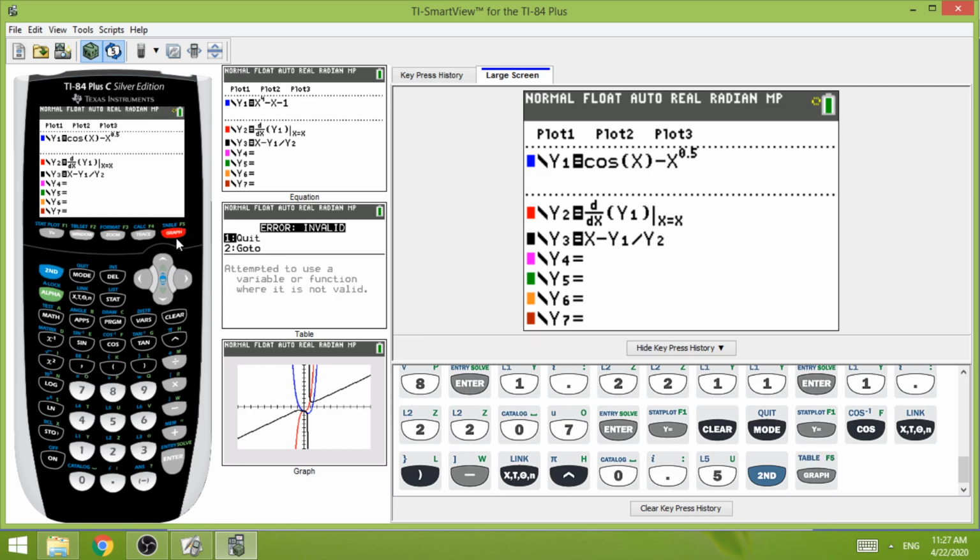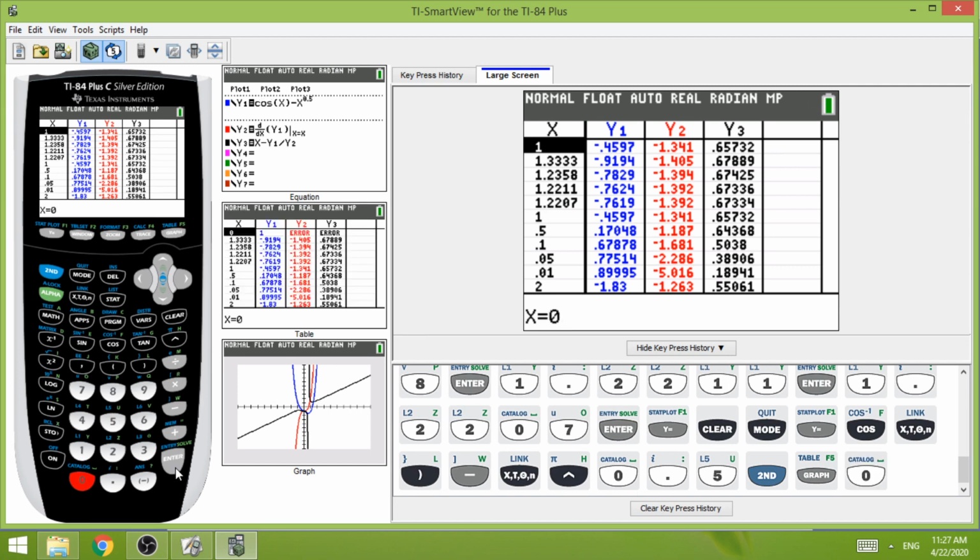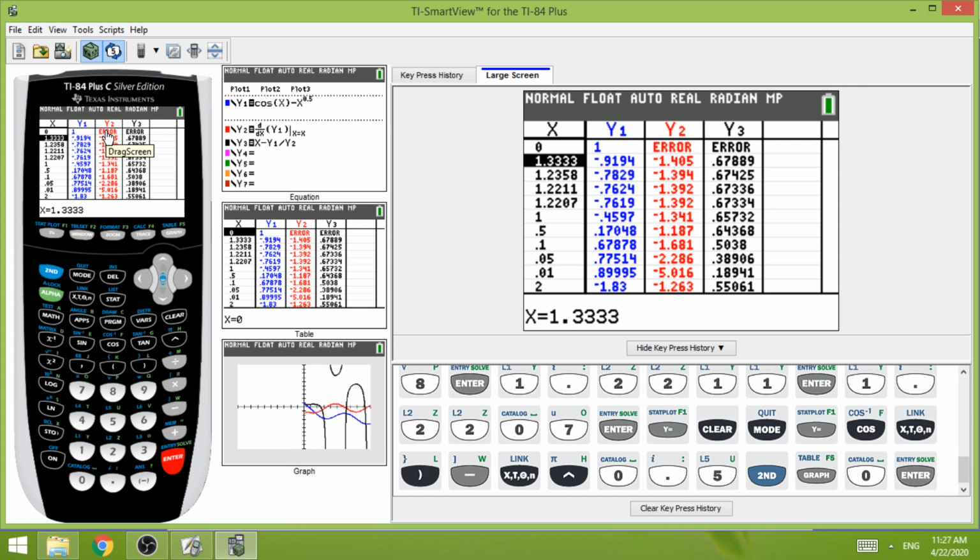The first one doesn't really matter. You can put in any number you want. So let's say 0. So we got an error because that would be considered undefined for the derivative. So instead of using 0, let's use something else. So let's say 0.1.